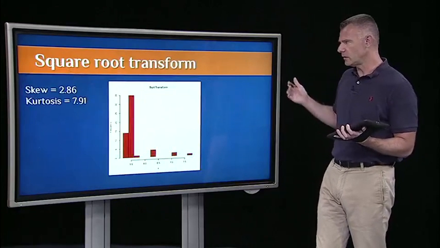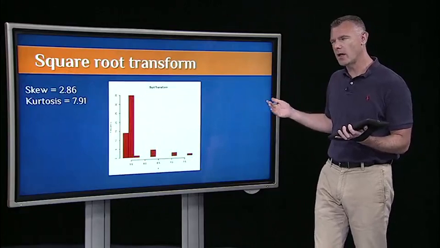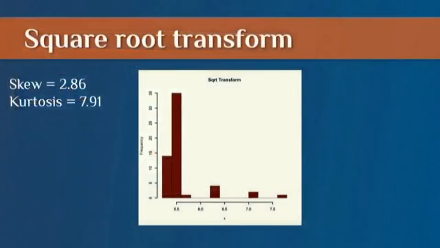Here's the same distribution after I applied the square root transformation. Just take the square root of every value. You'll see we still have a sort of dispersion among the values, but if you look at the numbers, you get 5.5 versus about 7. I've reduced the distance between the values, which reduced the standard deviation.